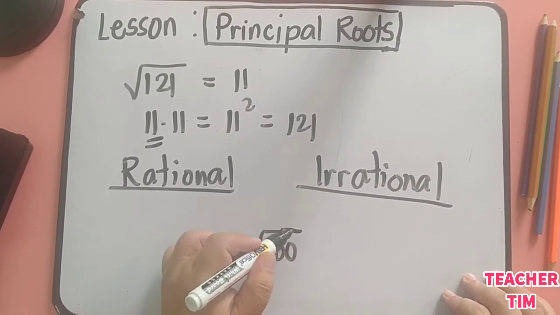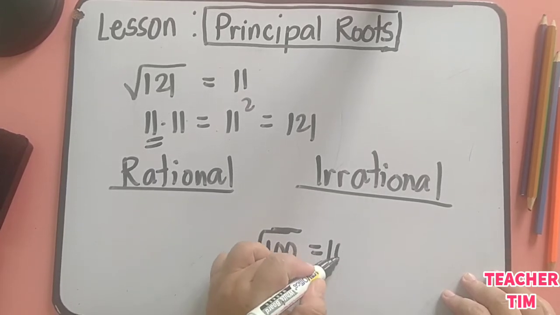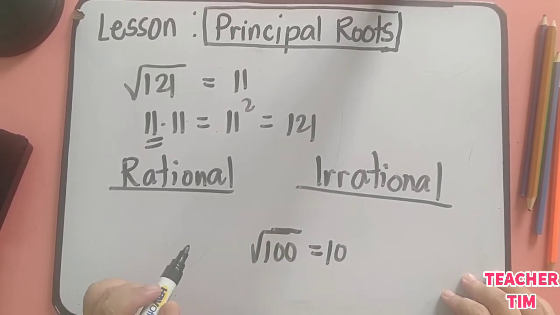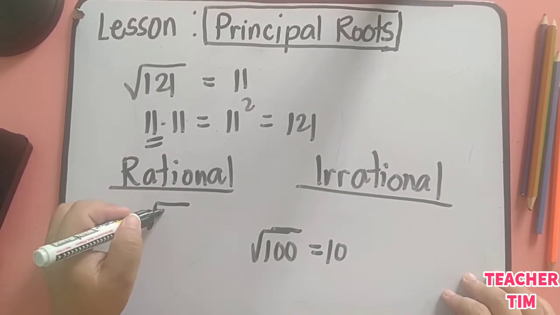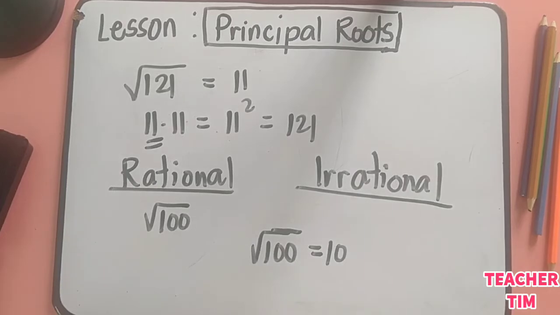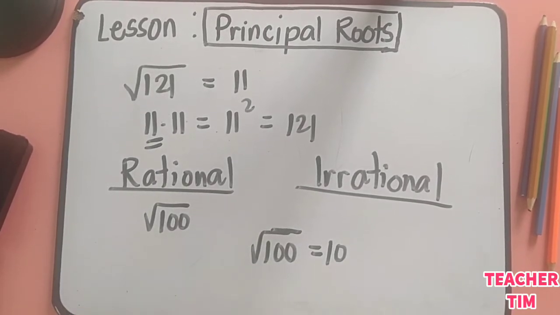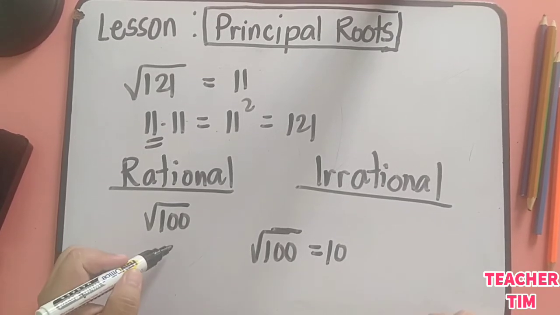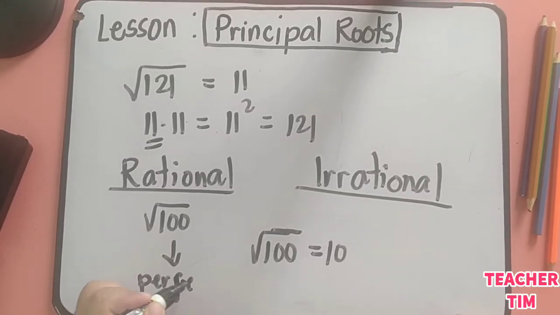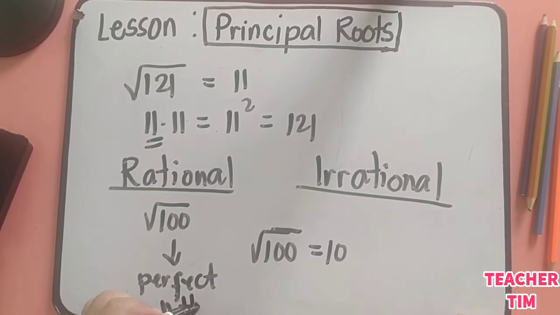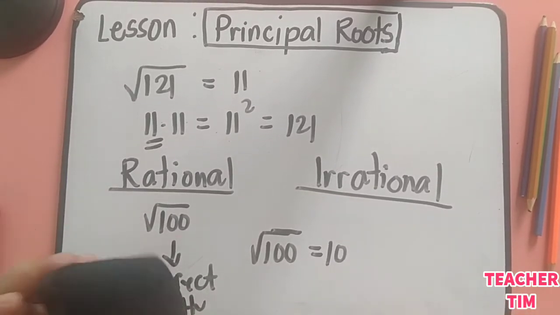Since the answer of the square root of 100 is 10, therefore, the square root of 100 is considered a rational number. If the radicand is a perfect nth root, meaning it is considered as rational.